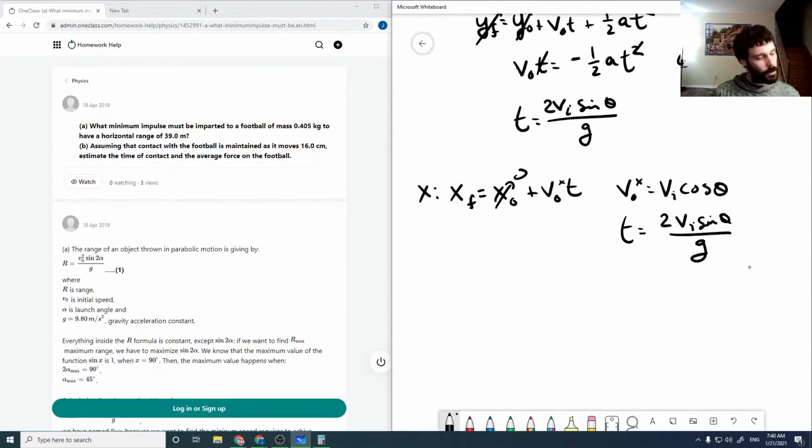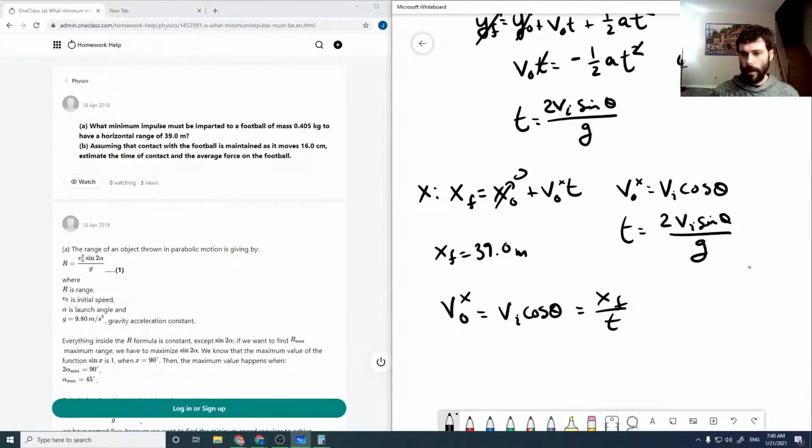Our xf is what we want to solve for, so our xf is 39.0 meters. So then our v naught x, which is vi cos theta, is equal to xf over our time, which is 39.0 meters times g over 2 vi sine theta.